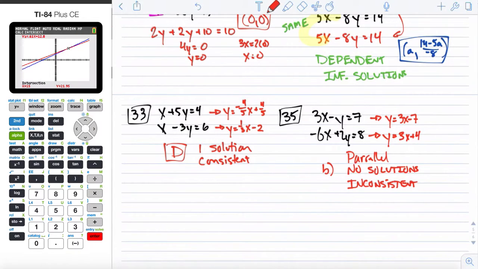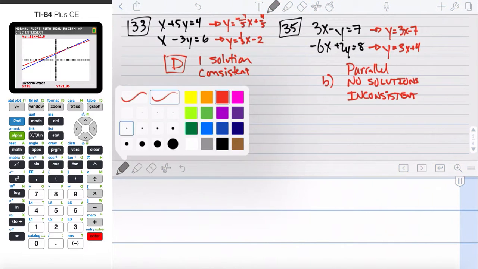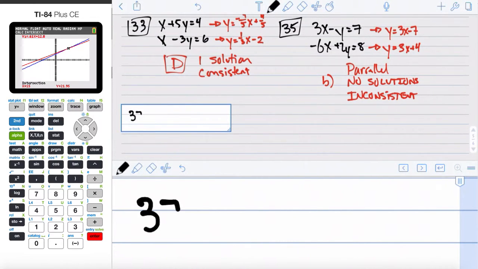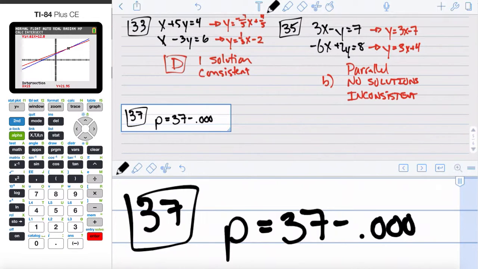All right, let's do 37. We've got two equations. We want to know where they balance.